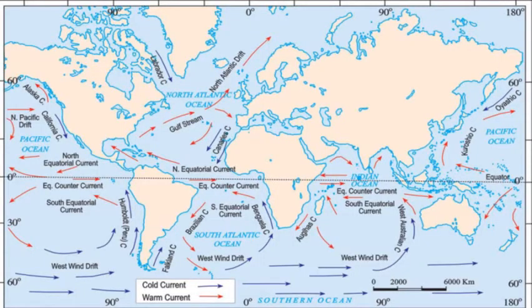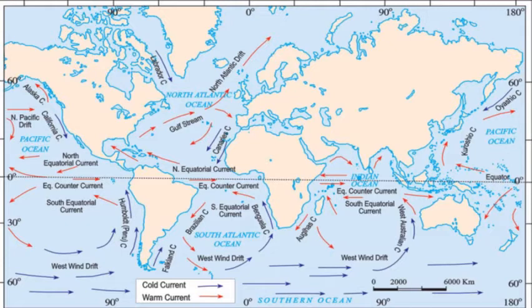These are all the warm and cold ocean currents. The red arrow mark indicates the warm ocean currents which are originating from the equator, whereas the black arrow mark indicates the cold current.